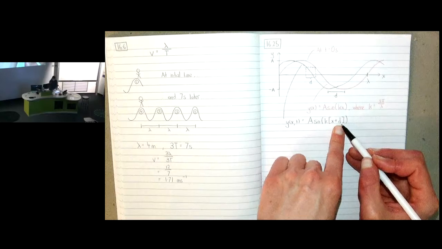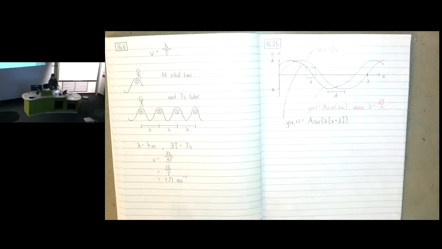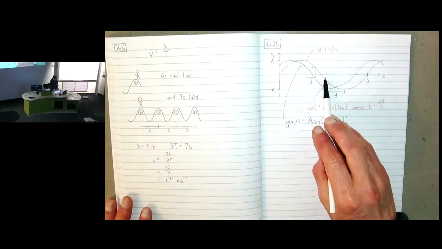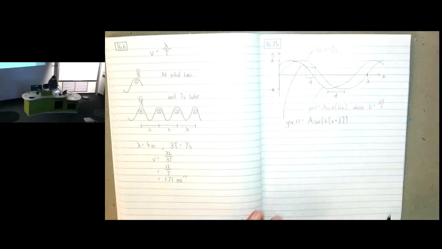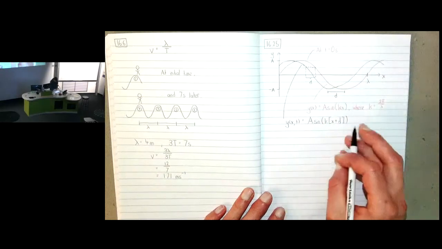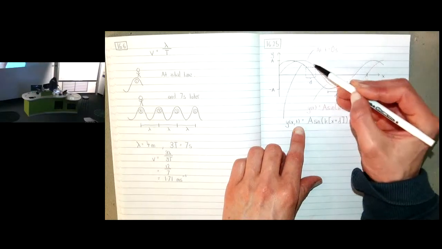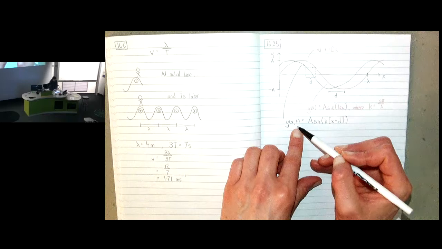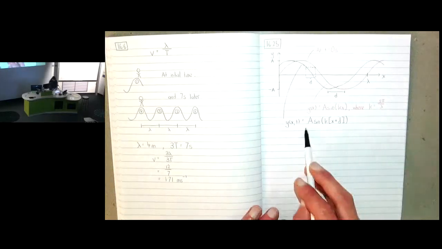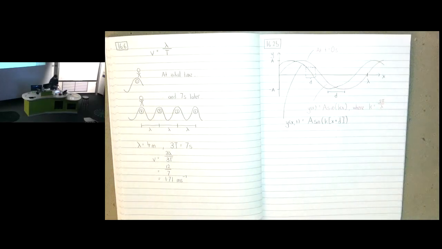Well, it depends first of all on the speed of the wave, but it also depends on how long we waited between taking the picture at the initial time and taking the picture after the wave had moved. So if we call this t, I've said that this picture here is at t equal to 0, and this is some time t later, and I haven't specified what that is, so I've just left that as a variable.